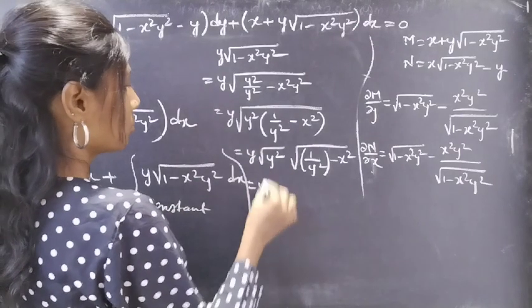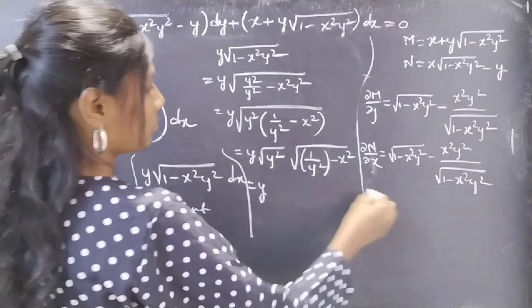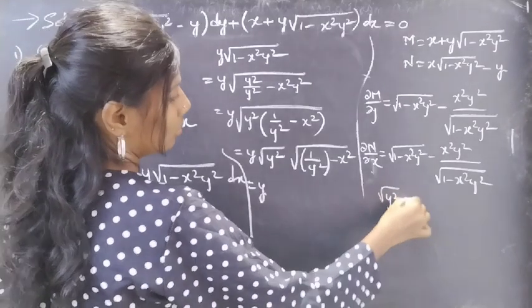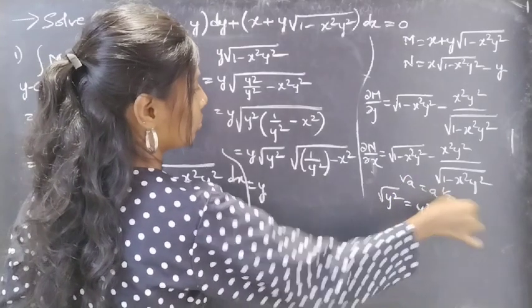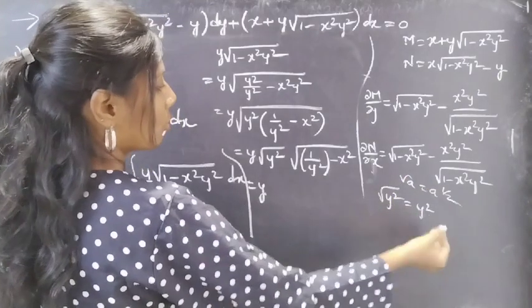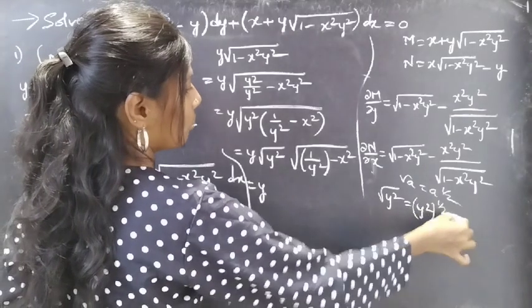This equals y into square root of y square. Since we know the square root of a can be written as a power 1 by 2, we can write square root of y square as y square power 1 by 2, which is y.